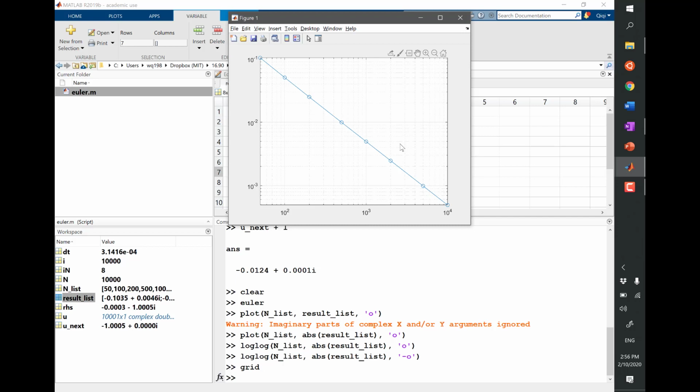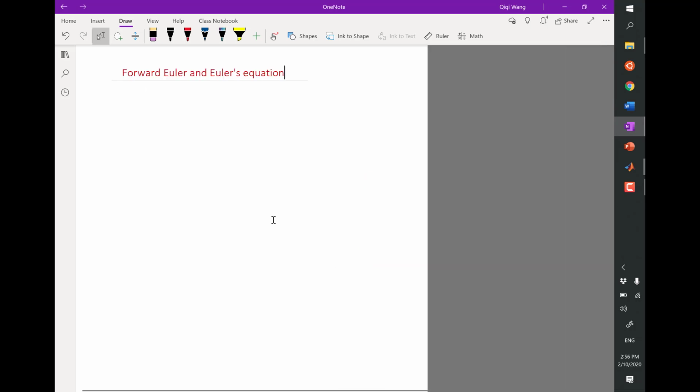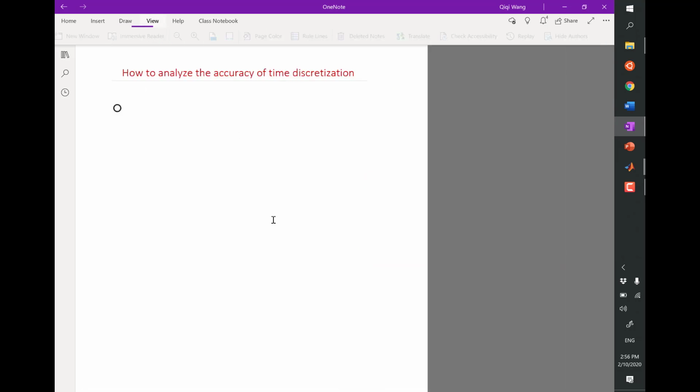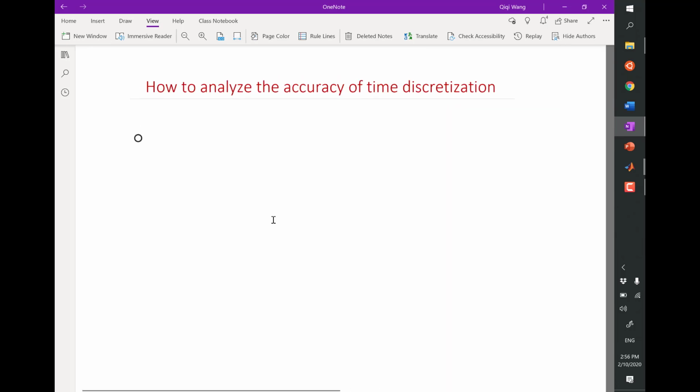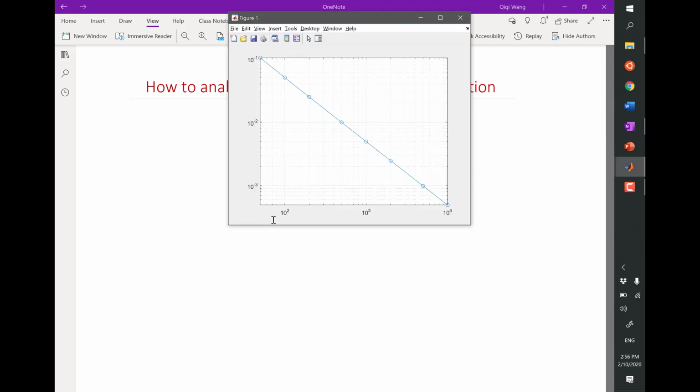So here comes the power of mathematical analysis. The question is, how do we analyze the accuracy of such time discretization? The analysis is really what happens as n goes to infinity.